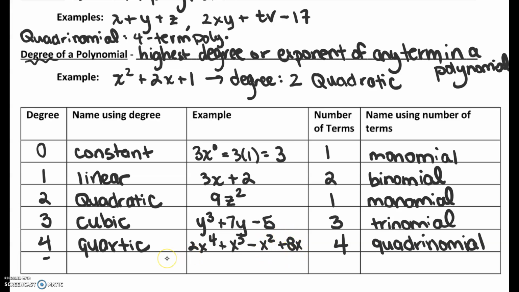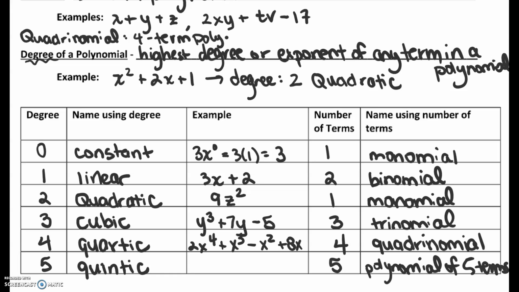And then we're going to look at our last one, and we can have much higher degrees than 5, but we don't need to know the names of every single thing. So let's look at this, which is called quintic. You may have heard like quintuplets. Okay, so we've got quintic, so our degree is going to be 5, and let's do 5 terms. And after 4, I don't care if you know what they're called, so we're just going to say that this is a polynomial of 5 terms.